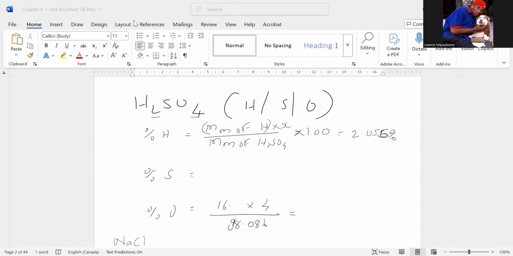For each item, hydrogen, sulfur, and oxygen, so that I know that you know how to use the formula. This unit is entirely all about calculations.